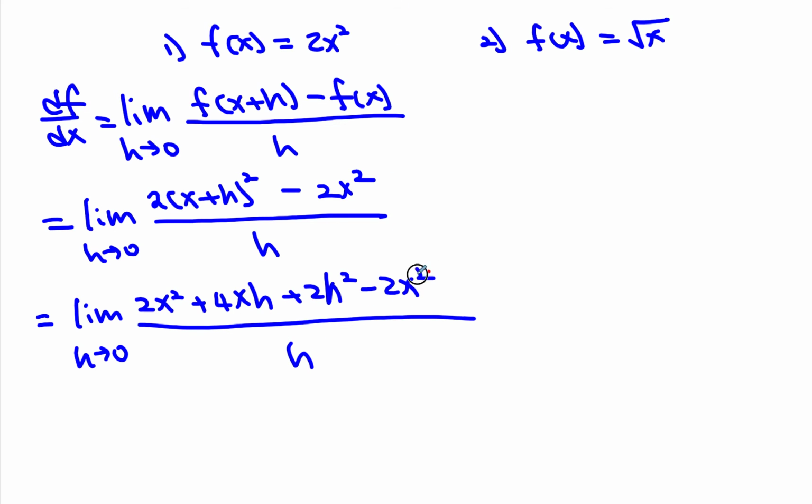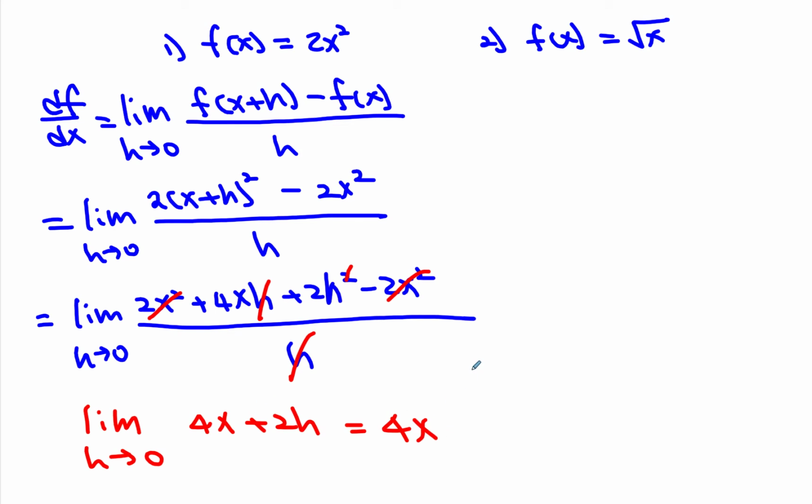Then you can see that this cancels away with this one. Then here we have 3 terms, and then we realize that h is common in all of them. So h is cancelled away. So we are left with limit of 4x plus 2h as h approaching 0. Then we get to realize that 4x is the only one that survives.